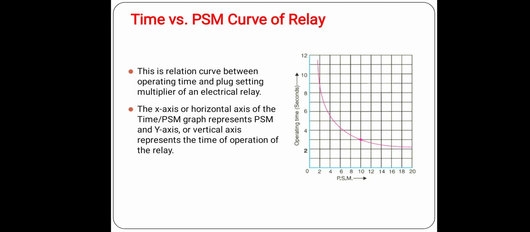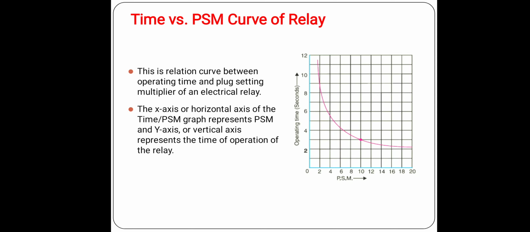If we are talking about the time versus PSM curve, this is basically a relation curve between the operating time and plug setting multiplier of an electrical relay. The X-axis, or horizontal axis, of the time-PSM graph represents PSM, and the Y-axis, or vertical axis, represents the time of operation of the relay. The time of operation represented in the graph is that which is required to operate the relay when the time setting multiplier is set at different values.